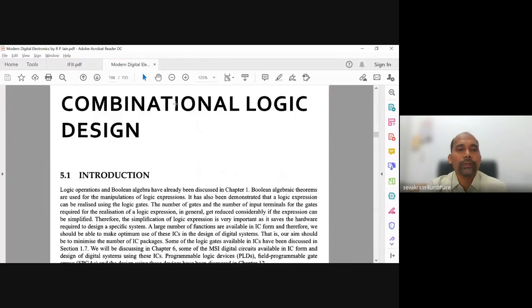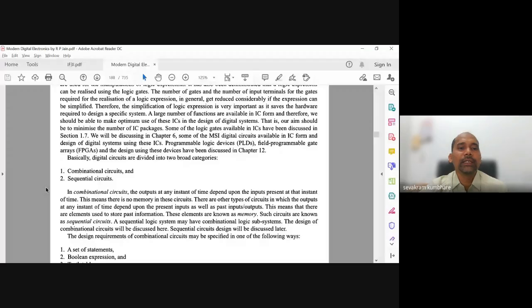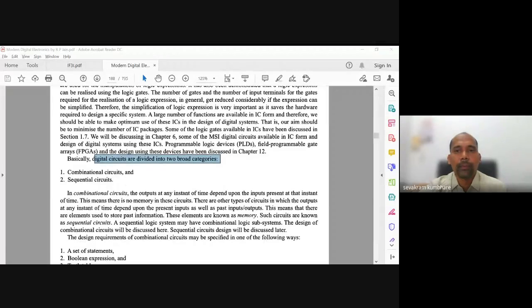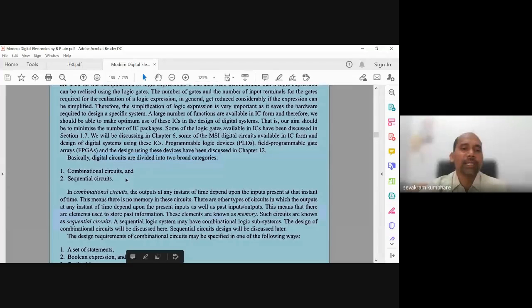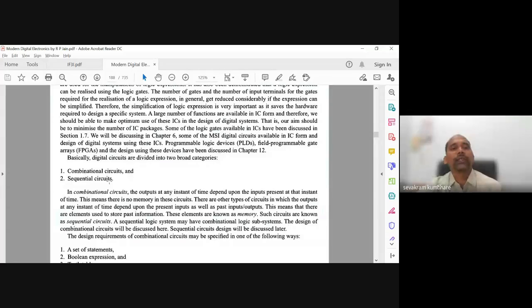If you observe, basically we have two broad types or categories of digital circuit. One is combinational circuit and another is sequential circuit. Right now we are seeing combinational circuit; later on we will see sequential circuit also.